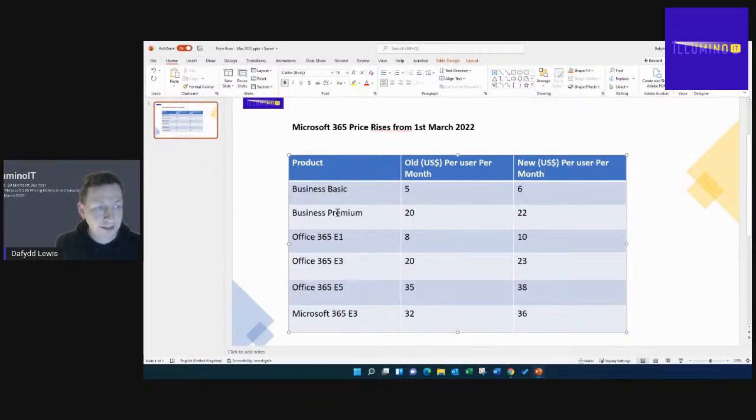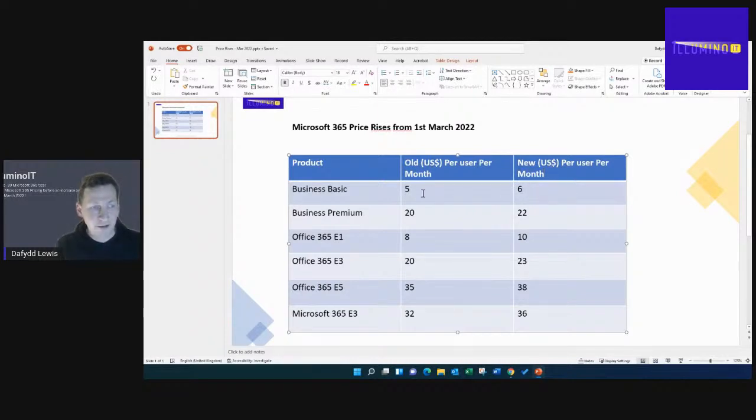So we've got Business Basic, Business Premium, Office 365 E1 licensing. So these are the enterprise licenses. So Office 365 Enterprise 3, Office 365 Enterprise 5, and then we've got the Microsoft 365, so that's the whole suite, Enterprise version 3, and those are also rising. So you can see the difference here in terms of the old cost per dollar, and that will be the new cost here on the right-hand side.